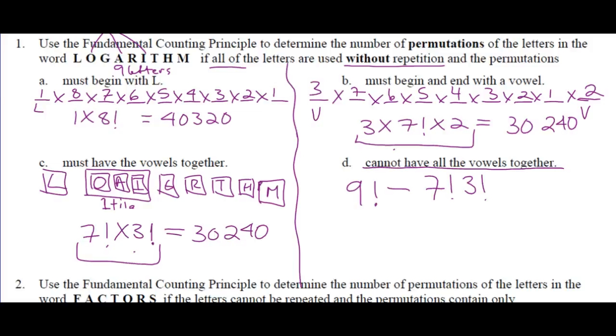I'd need to split them up somehow, and you'd be working your way through about 17 different scenarios and having to add those all up, and you won't get it right. Or we could ask what else I could do. I could take all arrangements, which is 9 factorial, and subtract from that the ones that do have the vowels together, and then I'll get the ones that don't have all the vowels together. Remember, this is cannot have all vowels together. This works out to 332,640.